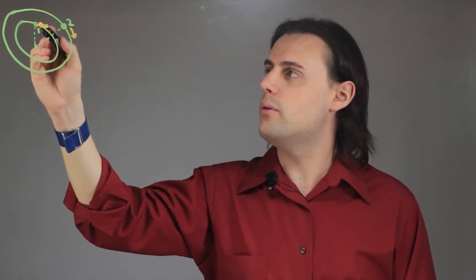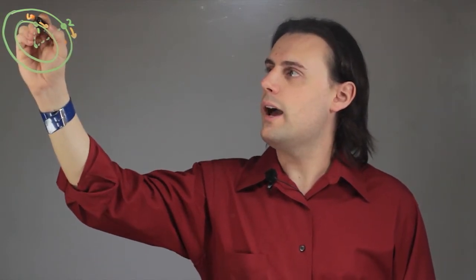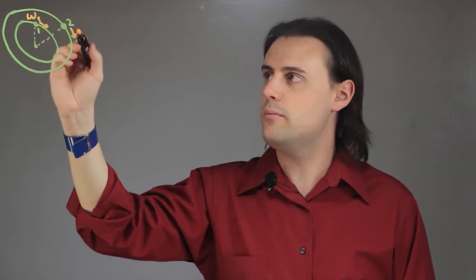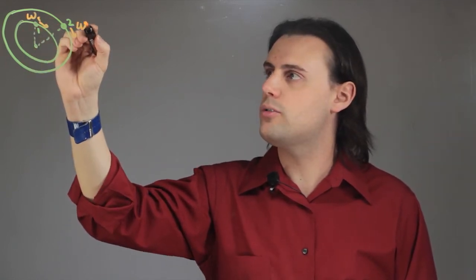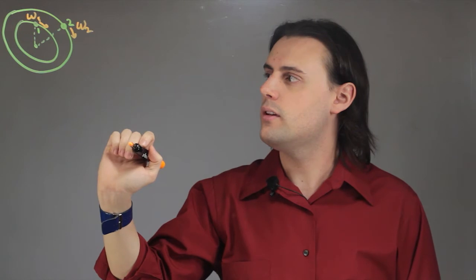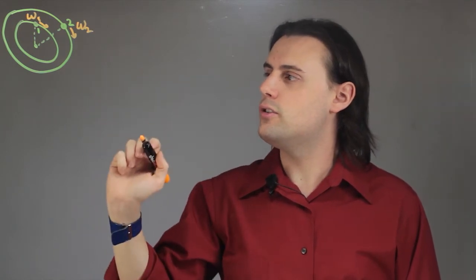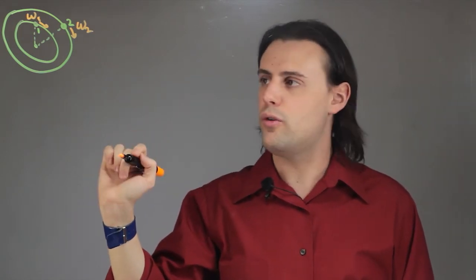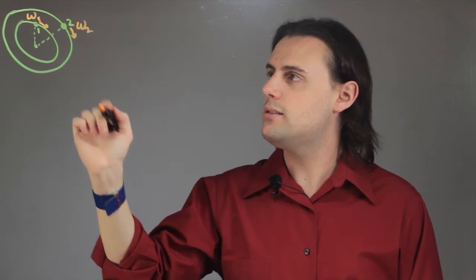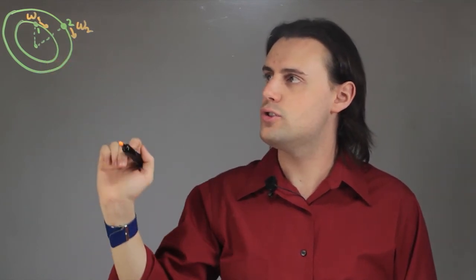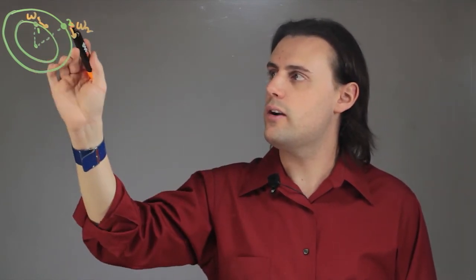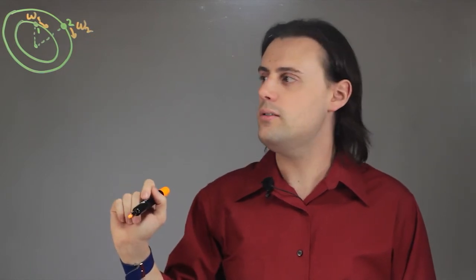So, for example, body 1 will have an angular speed omega 1, and body 2 will have an angular speed omega 2. Now, he was able to derive this one general formula that relates in polar coordinates the trajectories of the various celestial bodies.